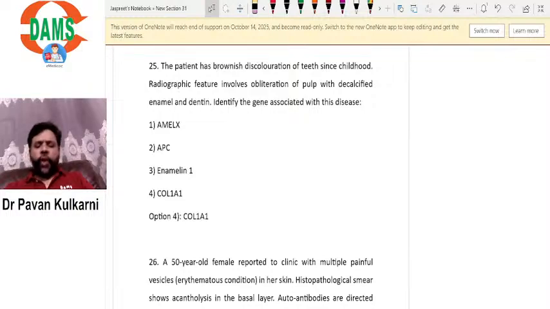Radiographic features involve obliteration of the pulp. Gene associated with this disease. Already we have discussed just now. Dentinogenesis imperfecta. In dentinogenesis imperfecta, you have 2 groups of genes that are defective, abnormal or mutated: COL1A1 genes and DSPP genes. So, in dentinogenesis imperfecta, what happens basically? You will see abnormal deposition of secondary dentine.